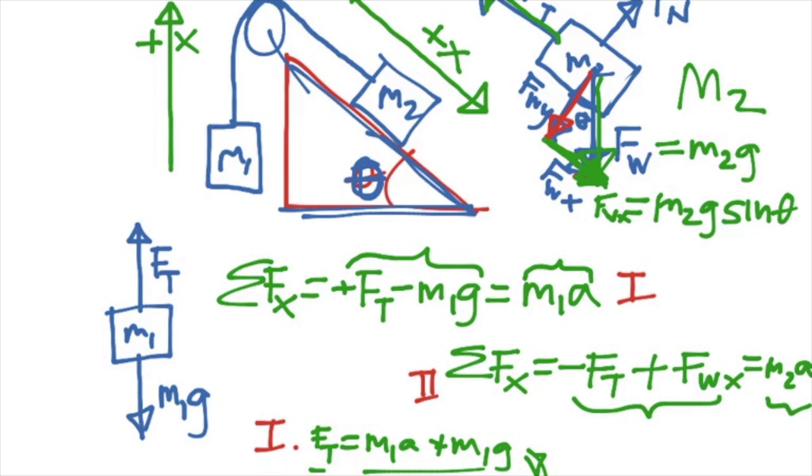So I've got M2G sine theta minus M2A. That equals Ft. So I'm just going to set this thing equal to this thing, since those are both equal to Ft. And then I'm going to solve for a, because it's so typical that you'll be asked to find the acceleration of the system.